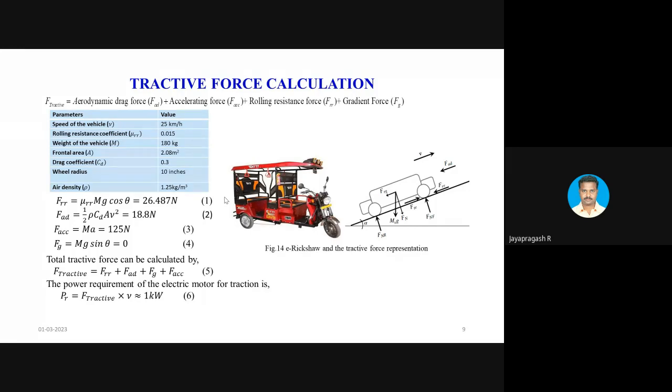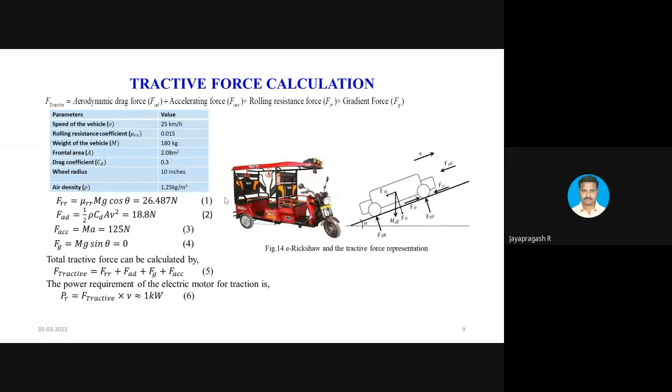Similarly, in an electric vehicle, the electric motor used should produce a sufficient force such that it overcomes the aerodynamic drag force, accelerating force, rolling resistance force, and gradient force. So the sum of these resistive forces gives you the tractive force. Tractive force is the force required to overcome the total resistance offered by these components.